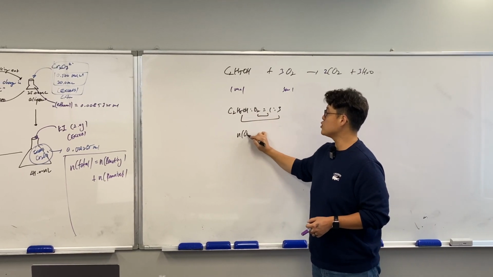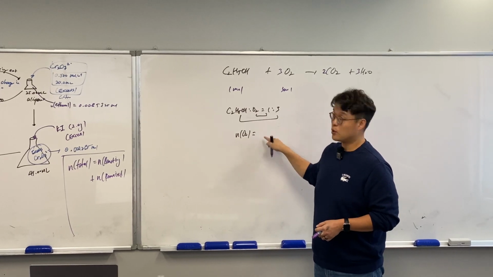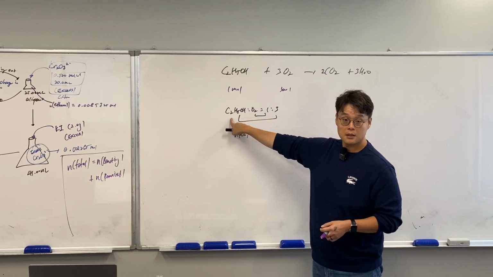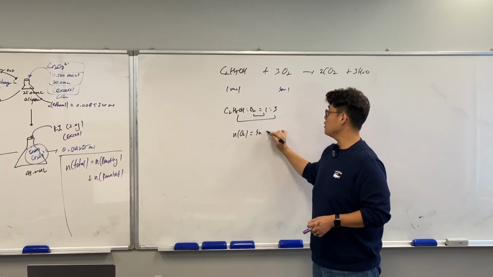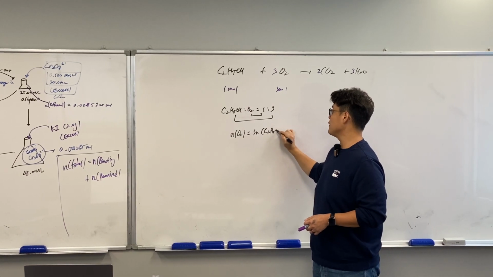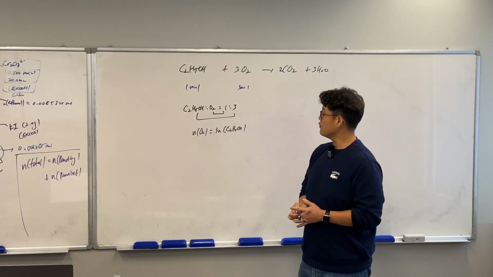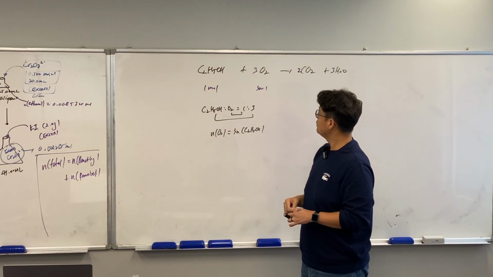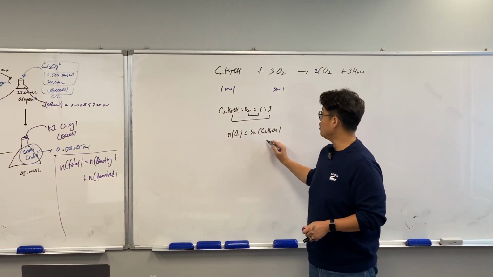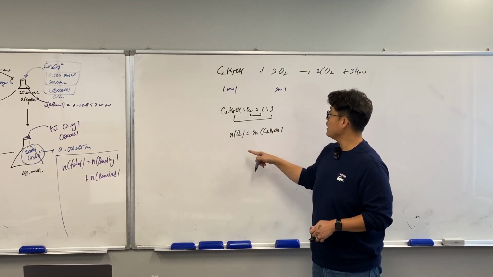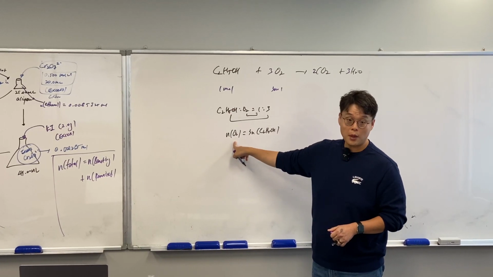Then, what's the product between O2 and 1? That'll be n of O2. Okay, what's the product between 3 times that? 3 times n of the C2H5OH. Yeah. So if we have 1 mole, I ask you how many moles of the O2 are required.